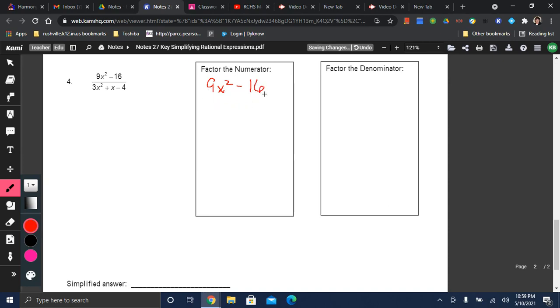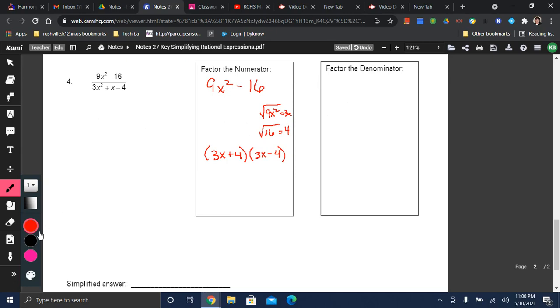Now, again, this is just two terms. So we're going to try doing the square root. The square root of 9x squared would be 3x, and the square root of 16 would be 4. And so this is where we get the two parentheses, one with a plus sign and one with a minus sign. So 3x plus 4 and 3x minus 4.